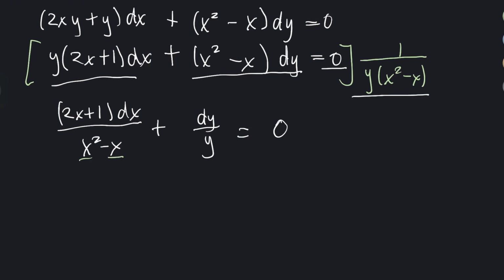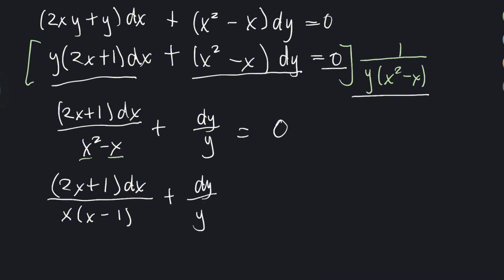We can notice on the denominator that we can factor out the x. Let's just factor it out because we're going to do a partial fraction later on that term, and we're going to integrate it later on.